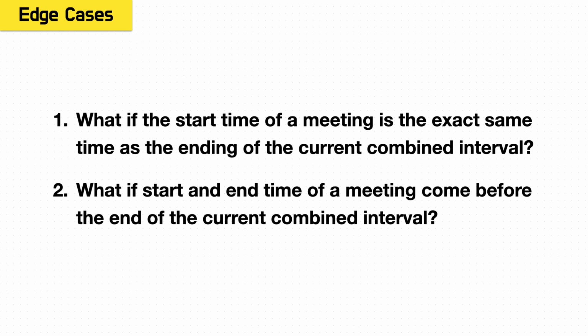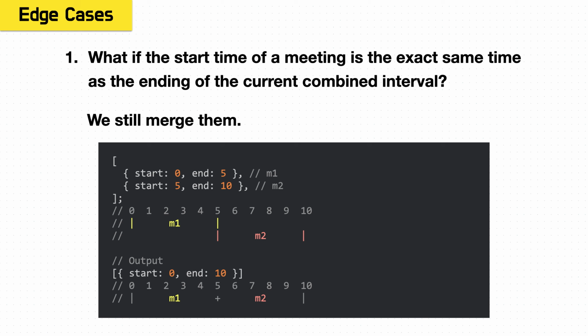So that's the foundation of the logic, and now let's finally just walk through some edge cases to fully understand what we're doing. The first edge case says, what if the start time of the current meeting is the exact same as the end time of the previous combined block of meetings that we're comparing it to? In this case, we still merge them.